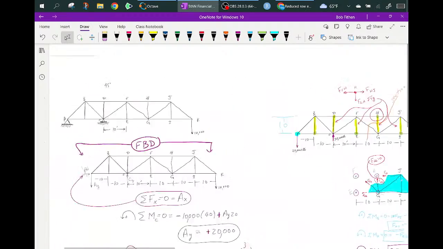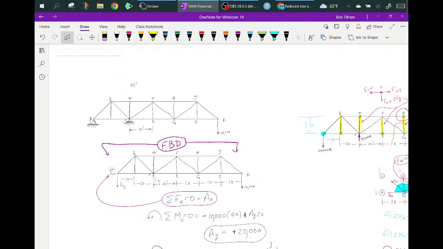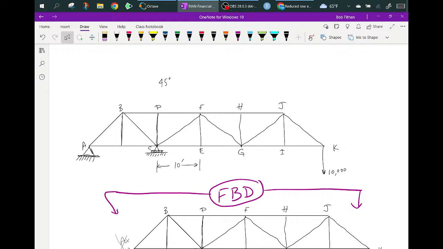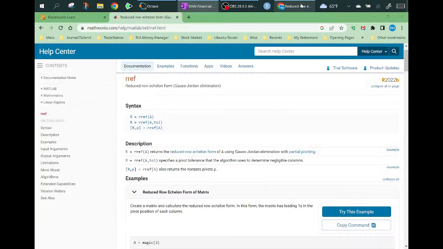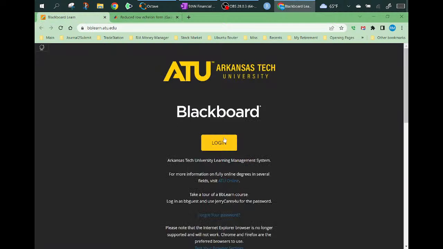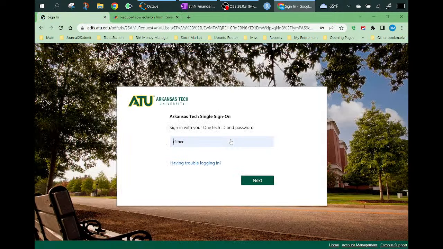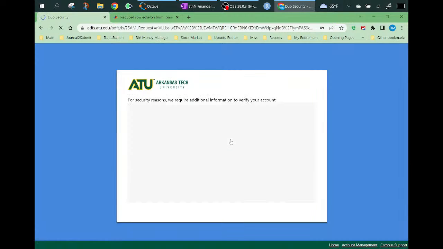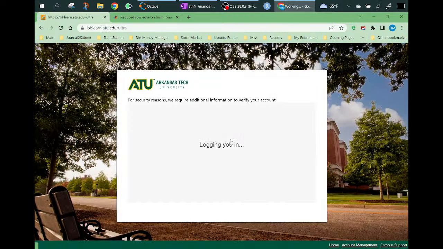But this was too much actually for the first case to do. So maybe what we'll do is we'll go and look at a simple one that he has, if y'all don't mind. I can still log in here. Because he's not going to do one that big.